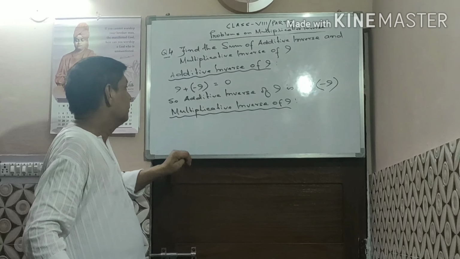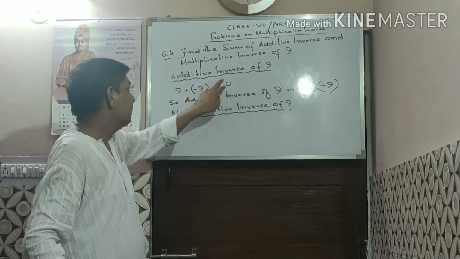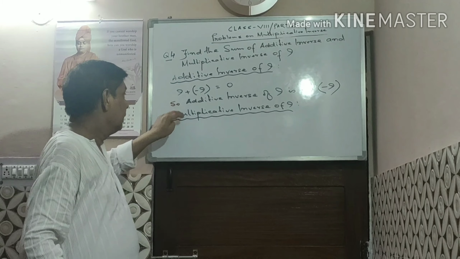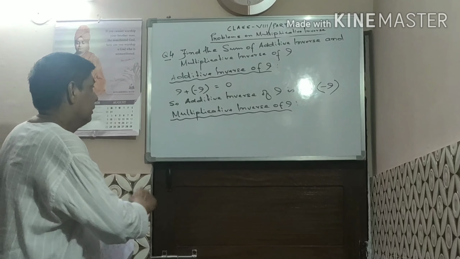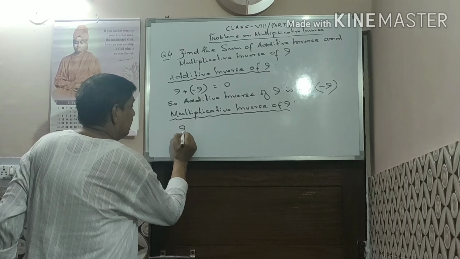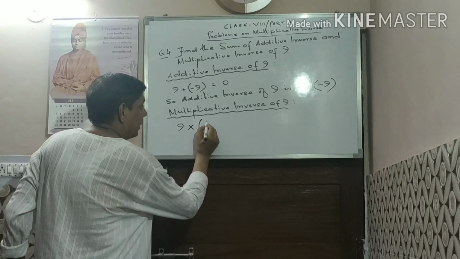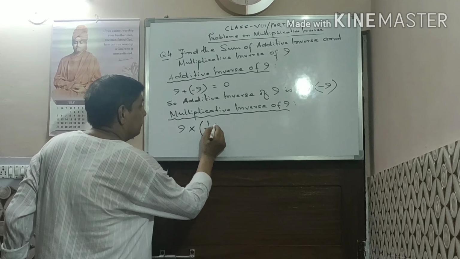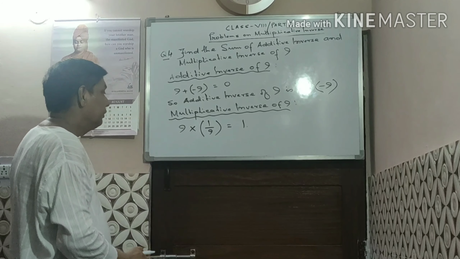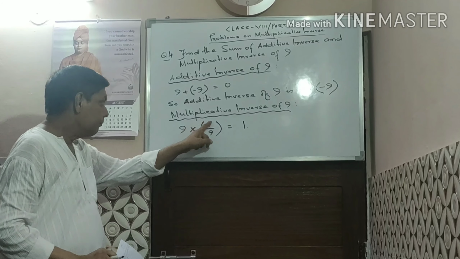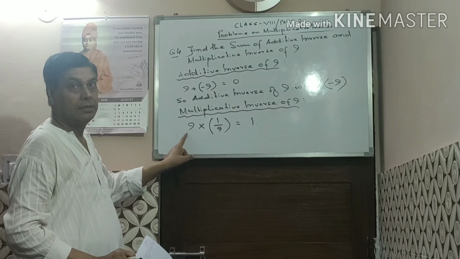It becomes 0. So it is proved that minus 9 is the additive inverse of positive 9. Next, the multiplicative inverse of 9. Here, 9 into the reciprocal of 9, 1 by 9, is 1, so 1 by 9 is the multiplicative inverse of 9.